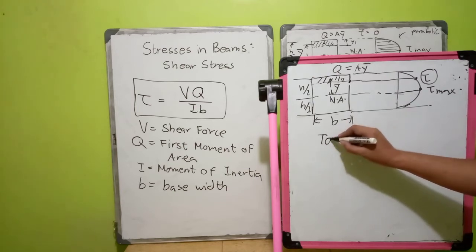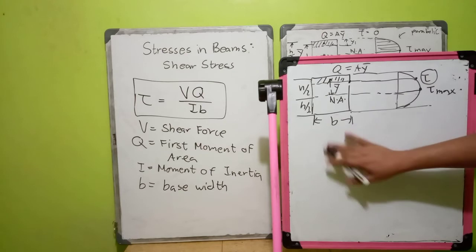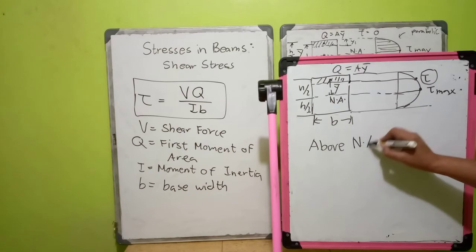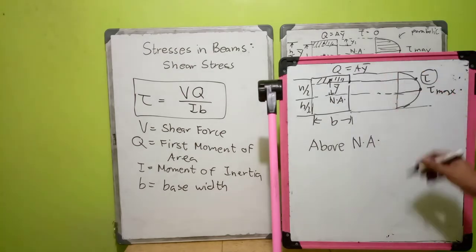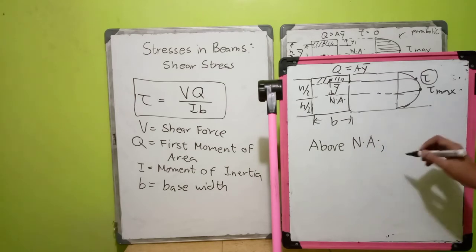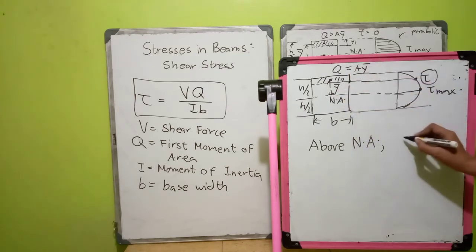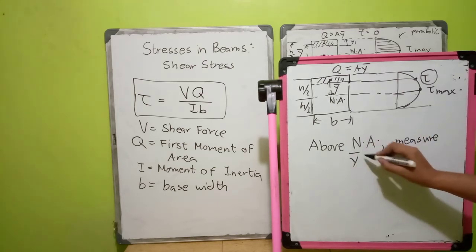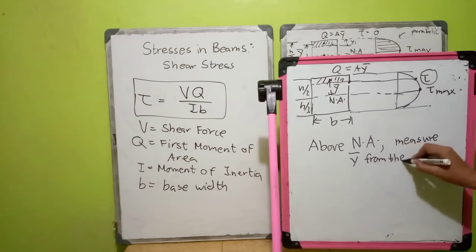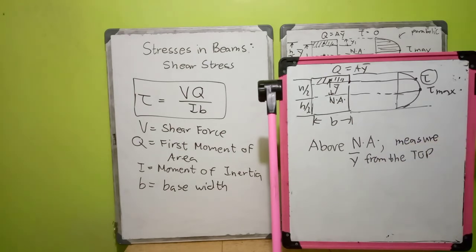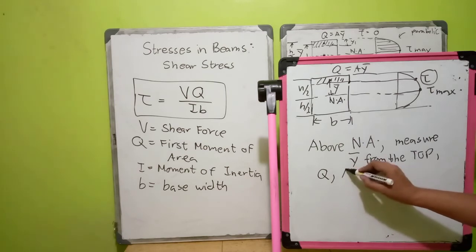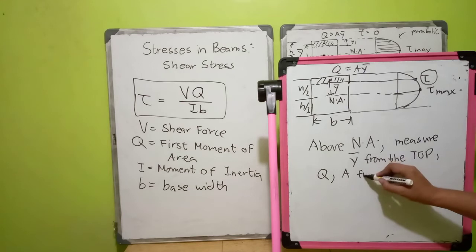So for top, if it is above the neutral axis, you measure your Y bar from the top, and then also Q and A from the top also.